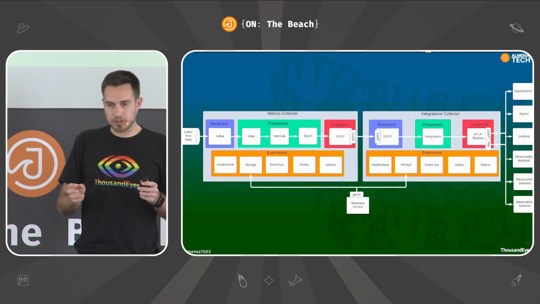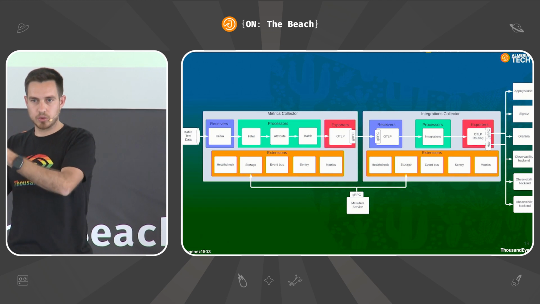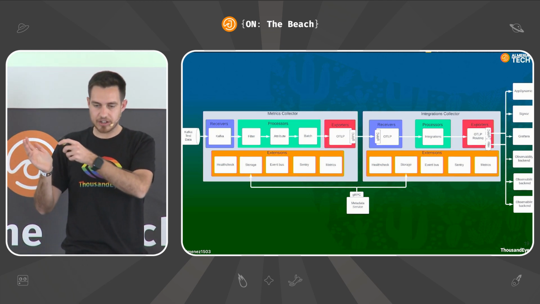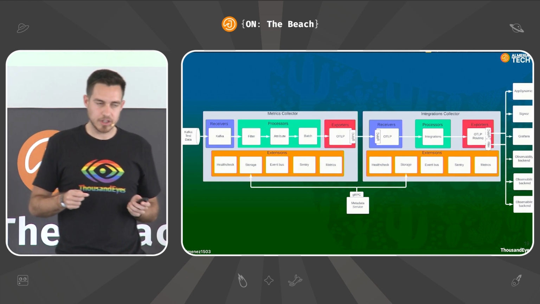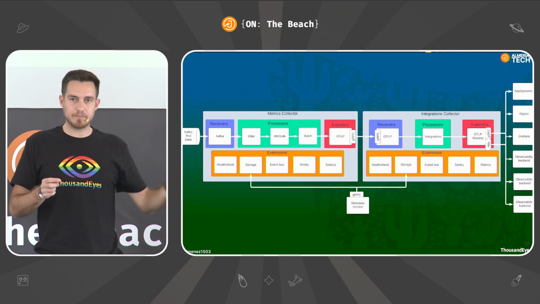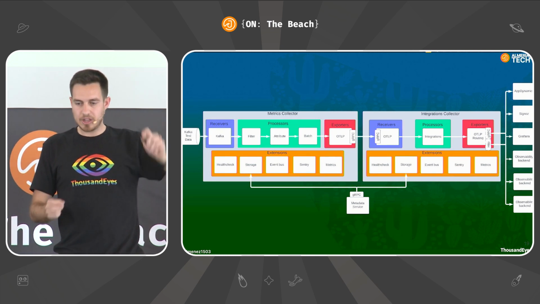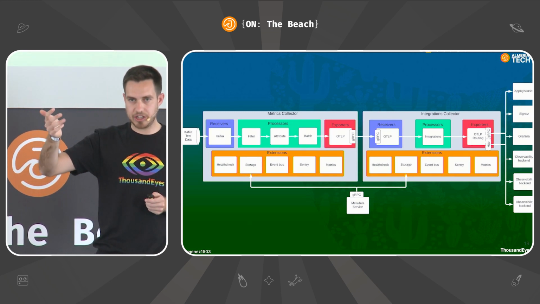The integration collector is designed to decide which data point goes to each exporter and to each observability backend, its target. And also, they are going to scale at a different pace. The metric collector is going to scale depending on how much data you're receiving, and the integration collector is going to scale depending on how many integrations the customer is creating.